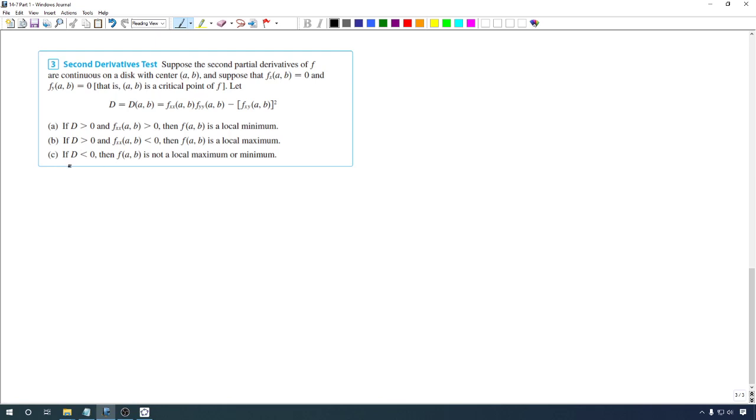If D is less than 0, all it's saying here is that f(a, b) is not a local maximum or local minimum. In fact, this is when we have our saddle point. And I kind of wish they had it included here. If D equals 0, then it's inconclusive.